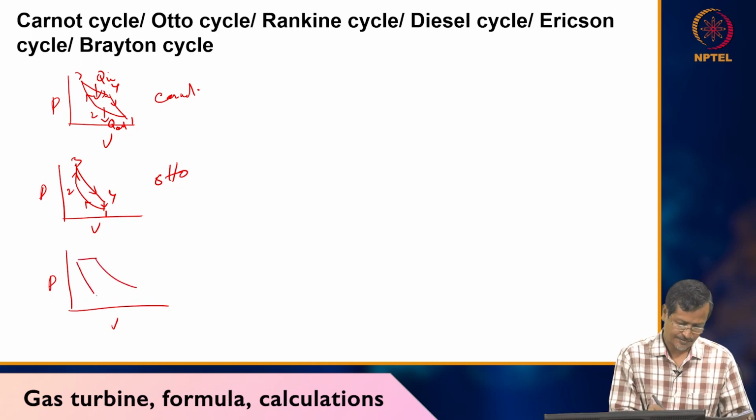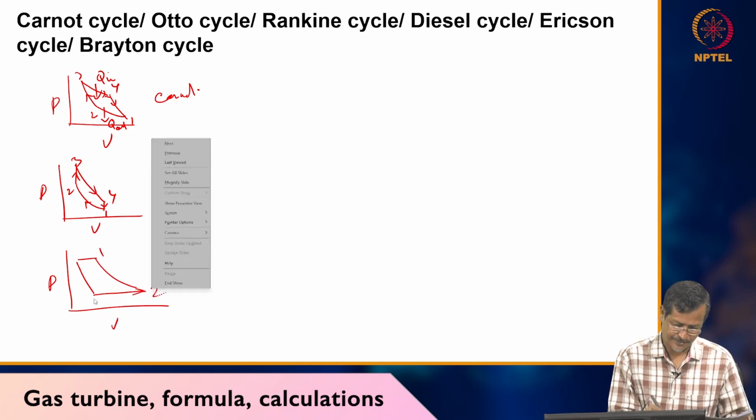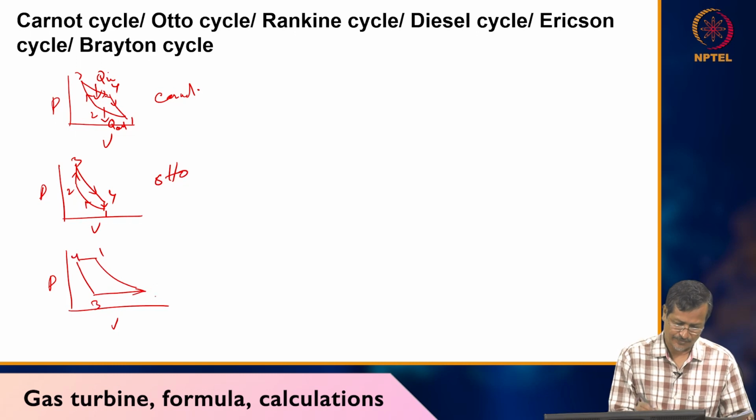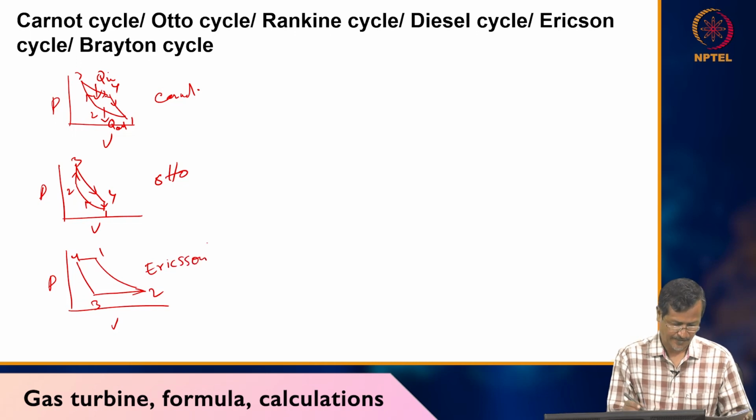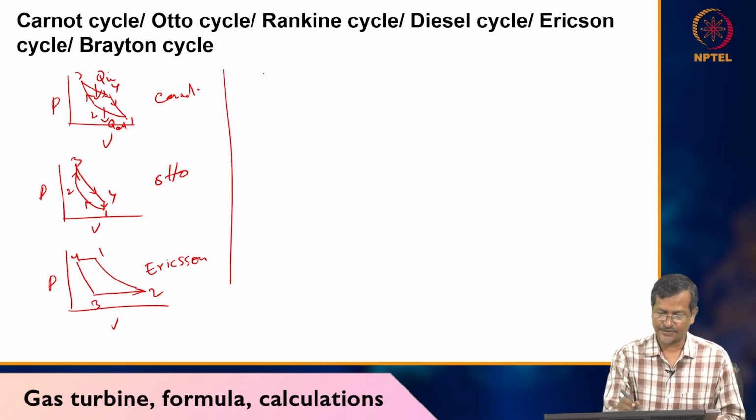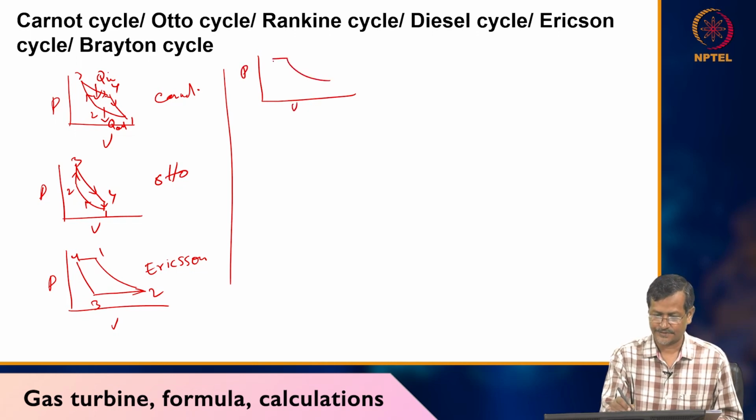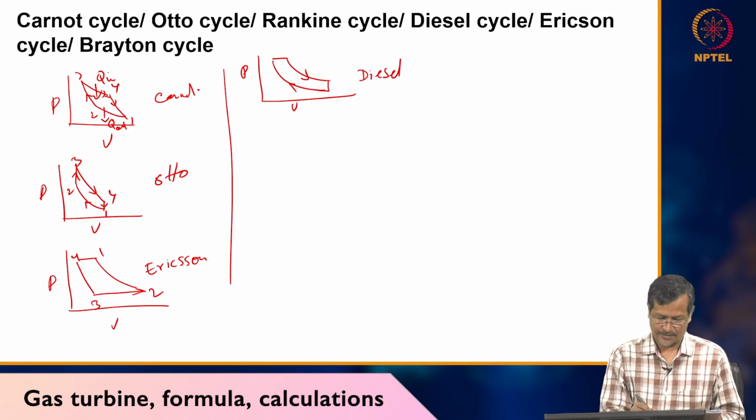Then another cycle I did not discuss actually, the Ericsson cycle, PV. Its numbering is a little different, but that does not matter. Next is the diesel cycle, which you can remember, and then the Brayton cycle.